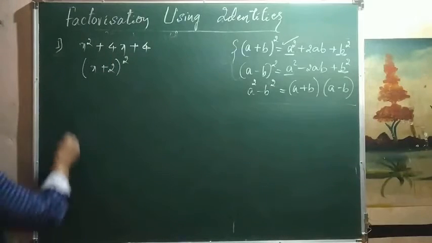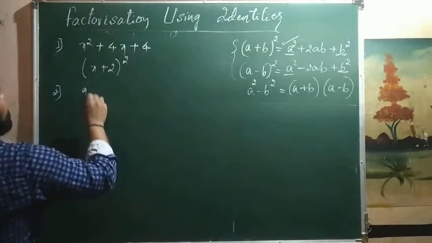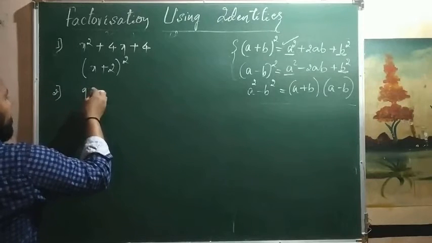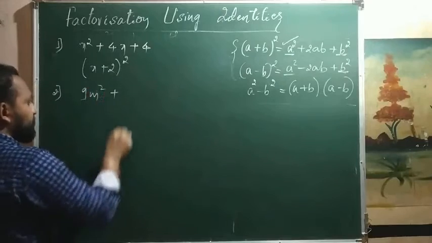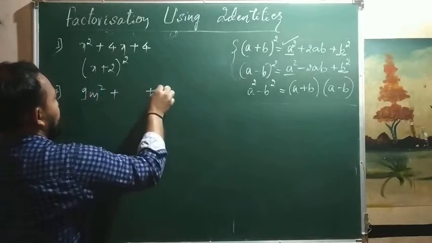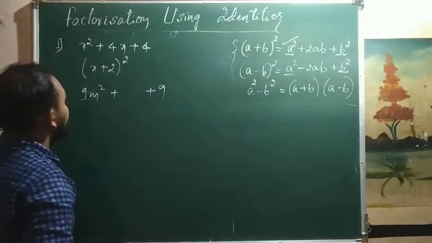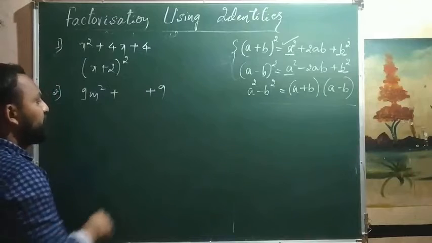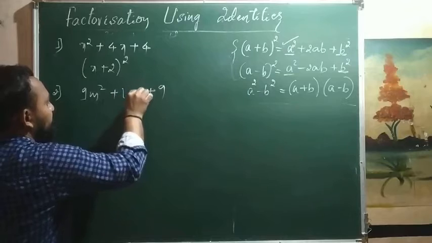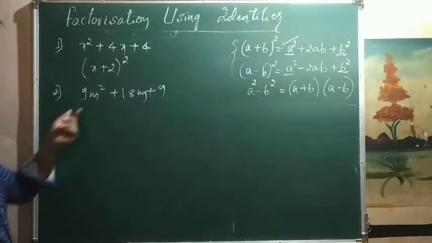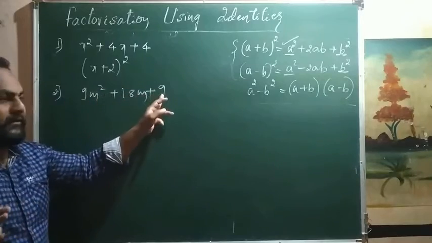Next, take the second: 9m square plus 18m plus 9. Here the first step is the number of terms: 1, 2, 3, trinomial.